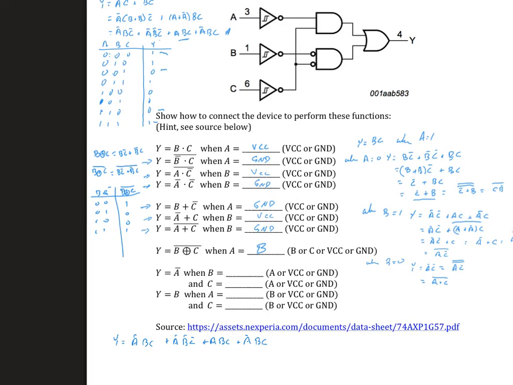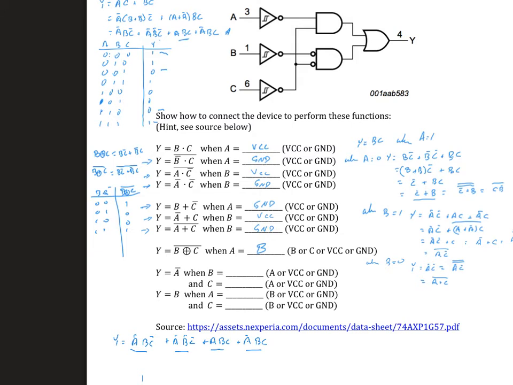If we tied both B and C high, then this expression would be equal to A bar, but this will also be high, so we can't do that. Let me check, did I copy this down right? This should have been A bar B C bar, A bar B bar C bar, A B C. Okay, now let's go back and look at this.